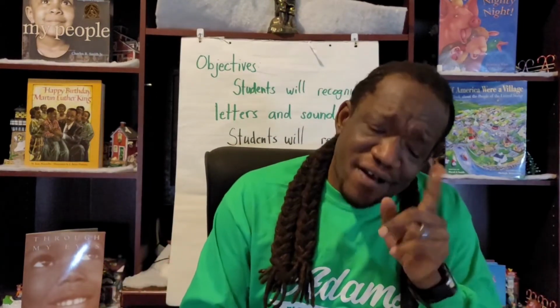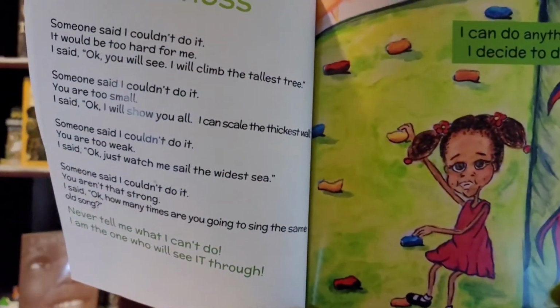I said, okay, just watch me sail the widest sea. Someone said I couldn't do it. You aren't that strong. I said, okay, how many times are you going to sing that same old song? Never tell me what I can't do. I am the one who will see it through. I can do anything I decide to do.